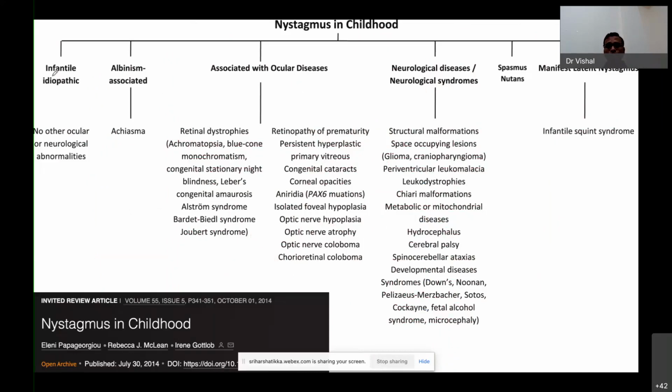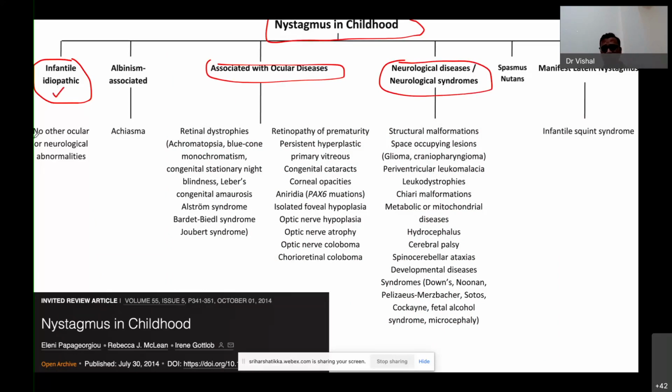Now, coming to the various varieties of nystagmus which are seen in childhood, the most common being the infantile nystagmus of idiopathic nature. Many a times these patients are not having any associated ocular disease or any neurological disease or neurological symptoms. So many a times this infantile variety of nystagmus is idiopathic.